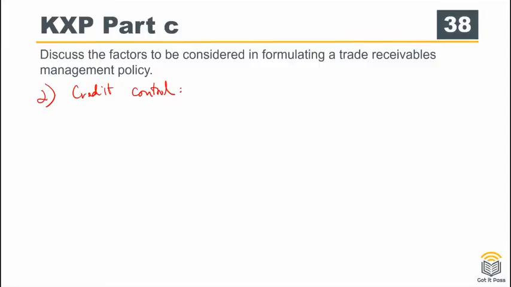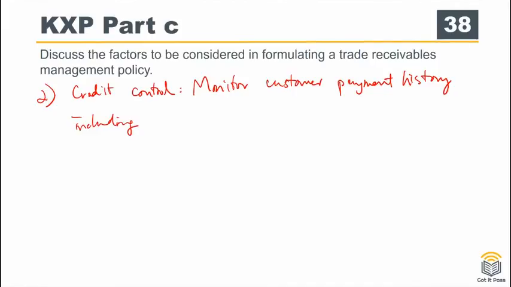The credit control department needs to monitor the customer payment history, including the number of overdue accounts and amount of outstanding cash.